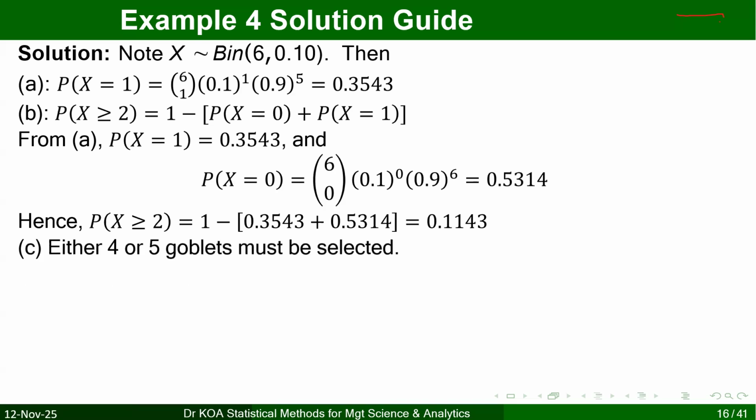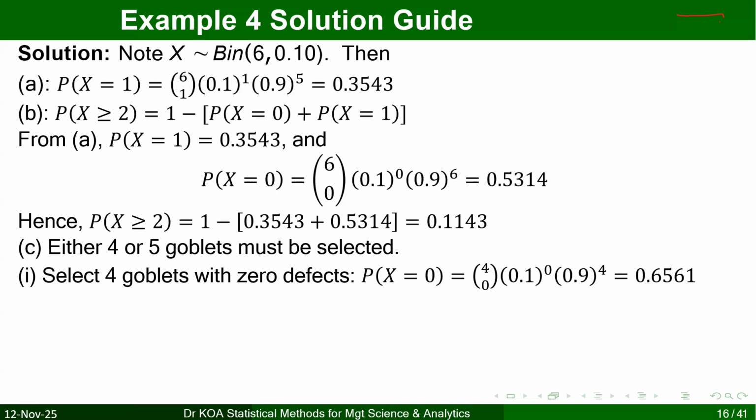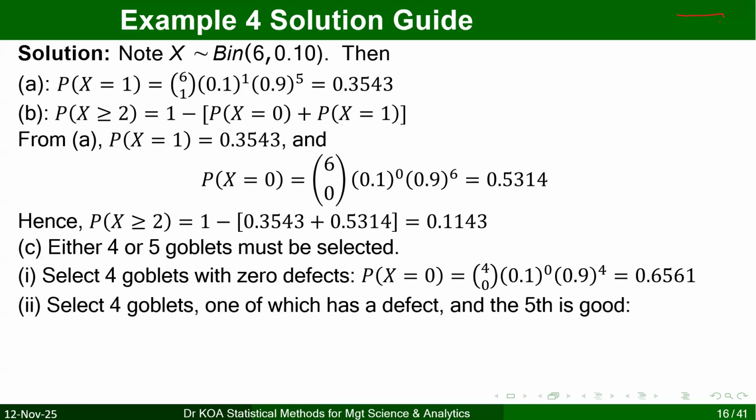So this is the key one. This not means that since it was 4, you're supposed to calculate for 4 and 5 goblets. That is all. So you calculate for the 4 and 5 goblet. Now, the 4 goblet with a 0 effect is when the probability of S equals 0.